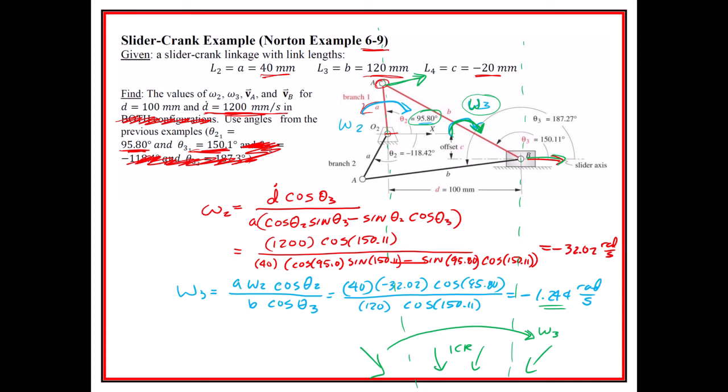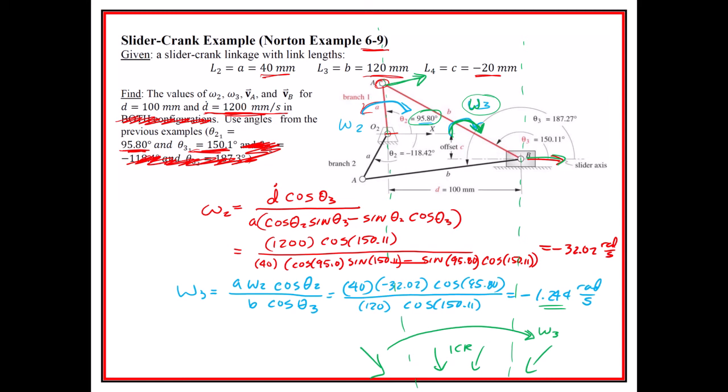And I just want to open up Norton and check out this example problem, 6-9, which you should be doing too, right? You should be following along to these things. My video here is not to replace what's in Norton, but to try to facilitate it, make it a little bit easier to follow along.